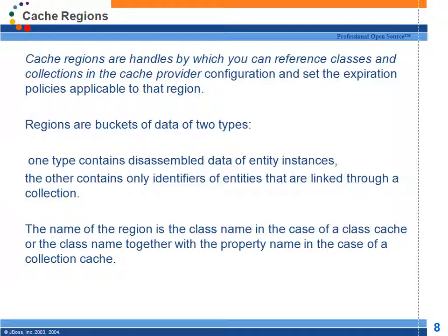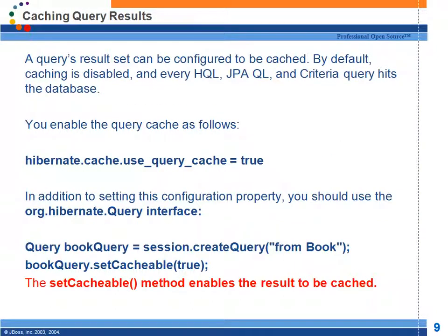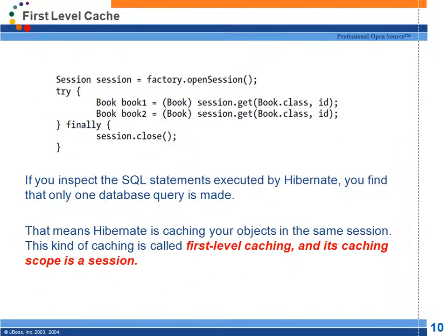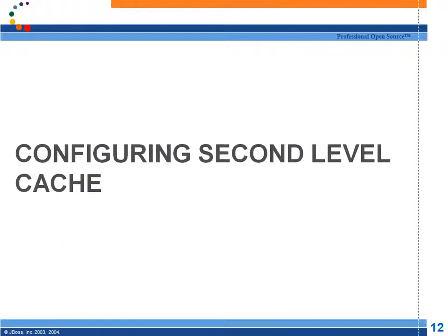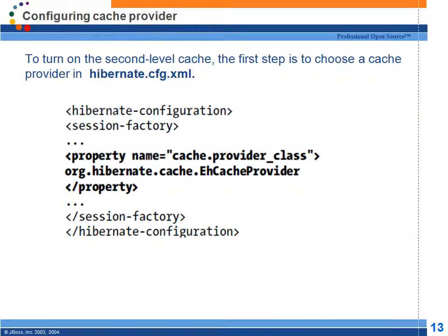Now, first of all, before coming to this, one minute. Yeah, I'll come back to this. If you have to enable second level cache, the first step is to configure the property cache provider class with whatever cache provider.